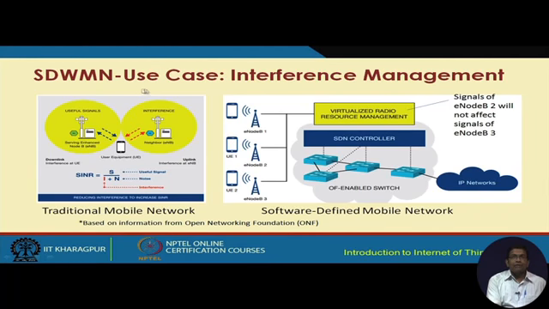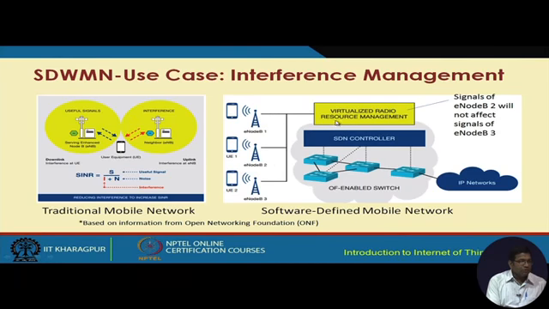It tries to address this problem of interference through the help of SDN. Here we see the architecture of the software defined mobile network, and as we can see, we have an SDN controller and the virtualized radio resource management unit, which takes care of the problem of interference.